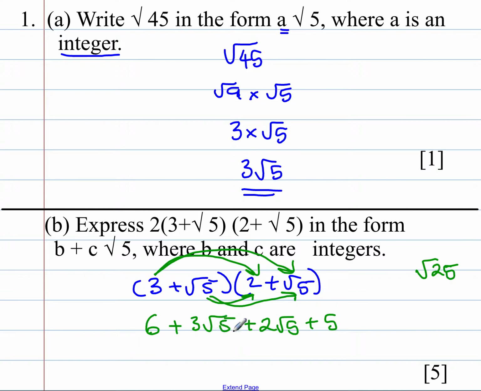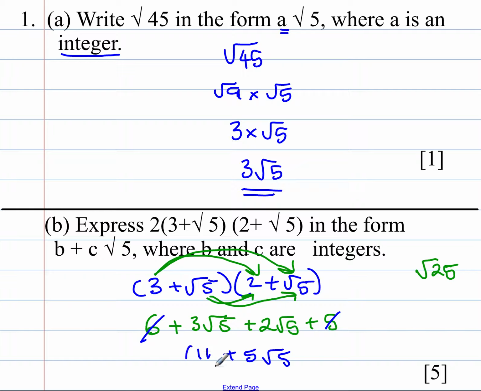Collecting the like terms, 6 and 5 will give me 11. And 3 root 5 added to 2 root 5 gives me 5 root 5, by collecting these. You just need to do 3 plus 2, which is 5.